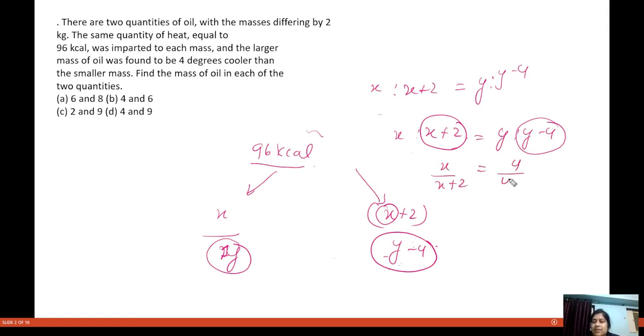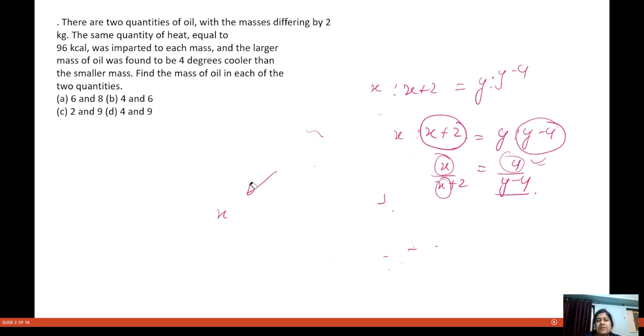This is not good for us, because we need two equations to solve these. So let's check what other method we can use.